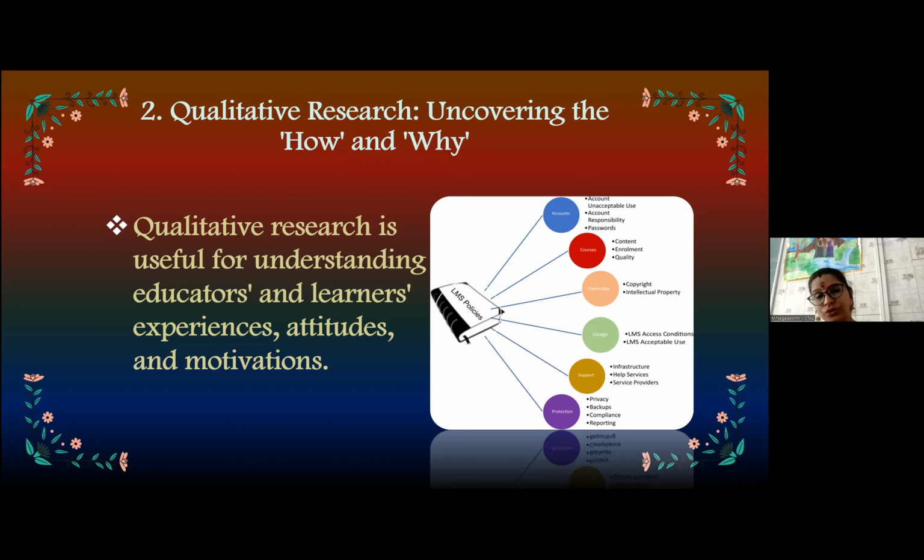The ease of use of LMS and motivation. So it can uncover valuable insights into how certain LMS features enhance language learning, or reveal the barriers and how to overcome them. So the how and why will be answered during this kind of research.